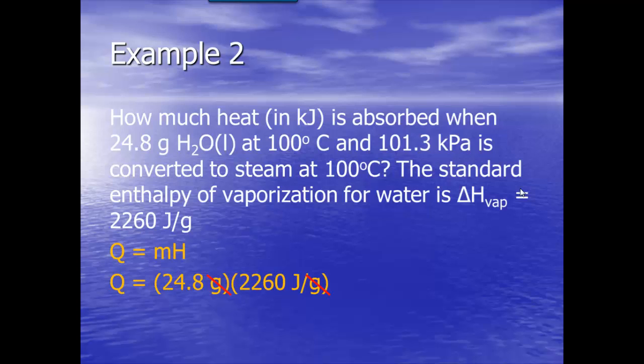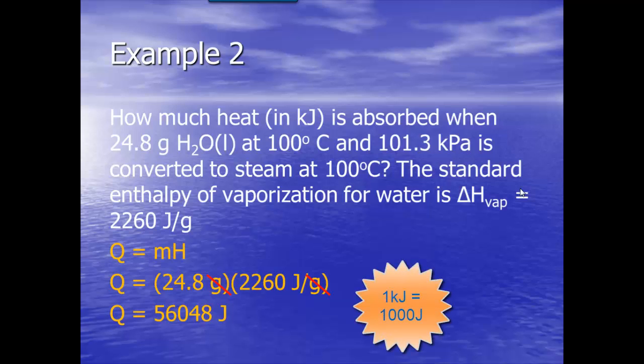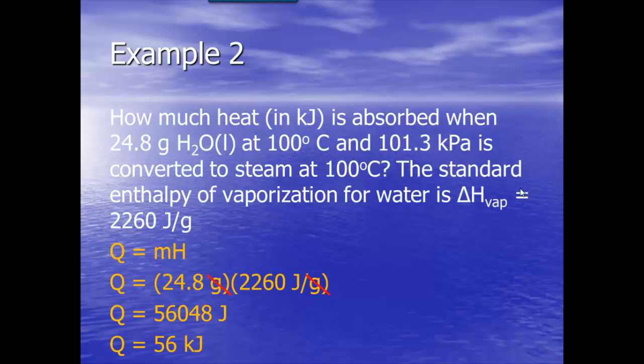It's 56,048 joules. Remember, this question wanted the answer in kilojoules, so you're going to have to do a quick unit conversion. Remember, the prefix kilo means 1,000. So I'm going to set up a factor label problem to convert joules to kilojoules, and I'll get 56 kilojoules as my final answer.